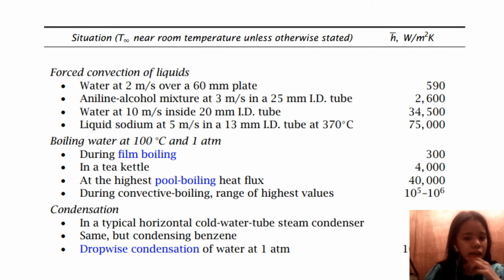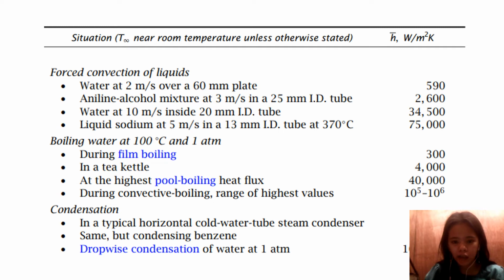Water at 10 m/s inside a 20 mm ID tube is 34,700. Liquid sodium at 5 m/s in a 13 mm ID tube is 75,000. Boiling water doing film boiling is 300. In a kettle it is 4,000.